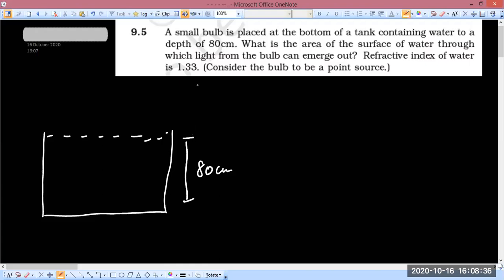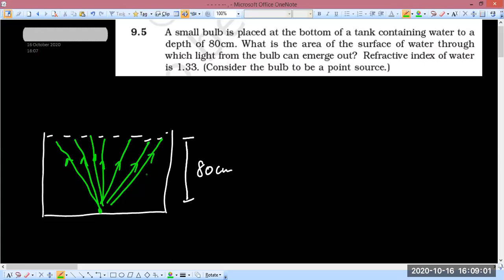Now, what is the area of the surface of water through which light from the bulb can emerge out? So you should understand what's going to happen is, if let's say there's a bulb here, it will be emitting light rays in all possible directions, right?